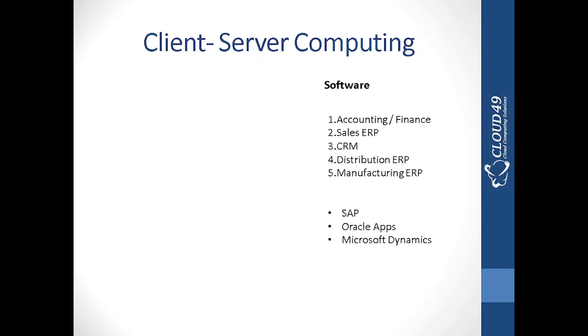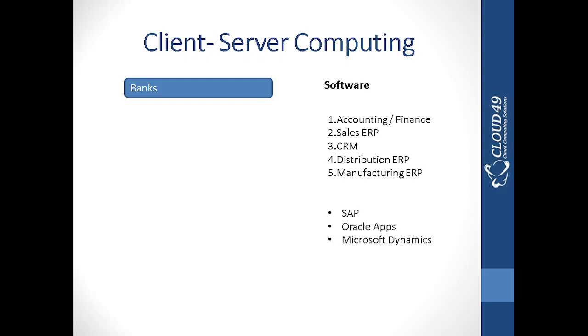Many companies have outlets in different cities or different states. Whatever they do every day is updated to the server, so the company understands how the sale of the product is going. CRM is the same. Distribution ERP and manufacturing ERP also work on the same client server computing model. SAP is commonly used software. Oracle Apps and Microsoft Dynamics are also common software used in the client server computing model.